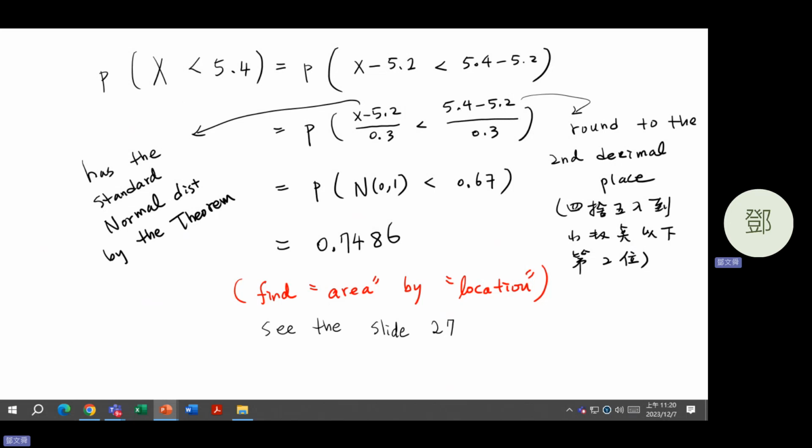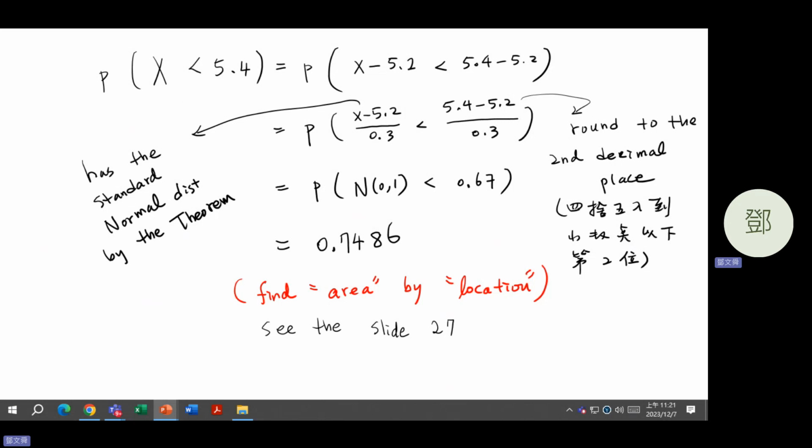So how to transform it? Minus mu and divide by sigma. In the first line of the inequality, left is equal to right because we subtract 5.2 from both sides. The probability remains unchanged.